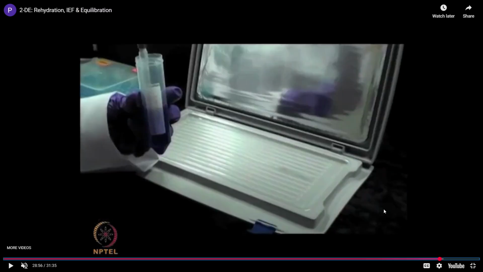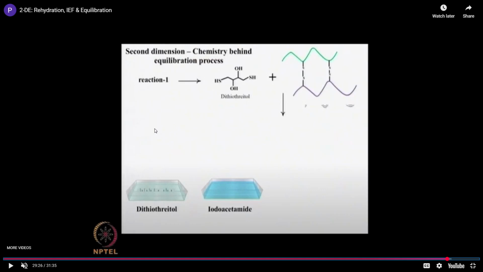You will place the strip inside this tray and add the first equilibration buffer, which has DTT in it. If you look at this, the disulfide bonds present in the proteins will be broken.